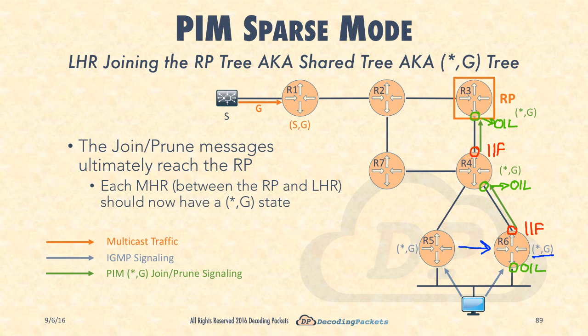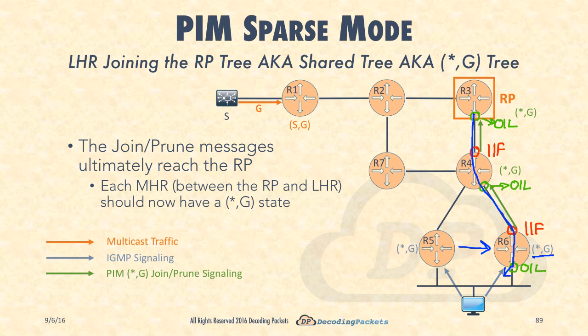So this tree really is going from R3 to R4 to R1. If I was to actually draw this tree out, it would be from R3 to R4 to R6 and finally down to the receiver. But that's the tree. That is your star comma G rendezvous point tree. And now you know why it is called a rendezvous point tree.